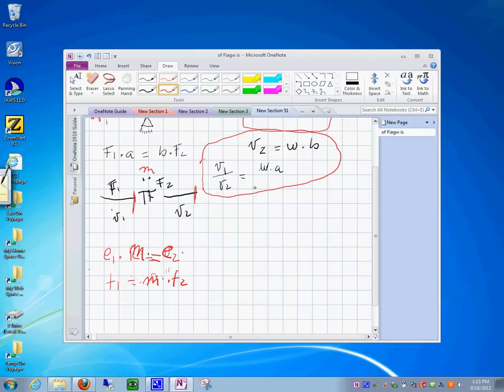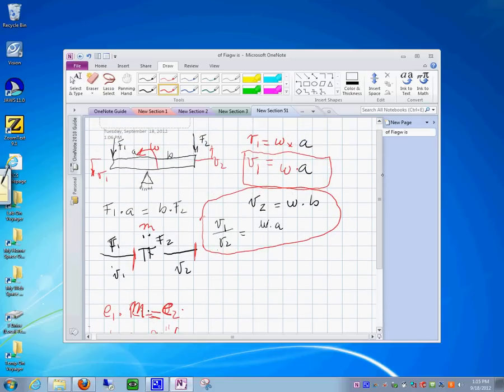Yeah, v1 over v2 has to be, well, let's see. We have this, this is right, and we have this, this is right. v1 over v2 has to be A over B. Okay. Omega cancels, right?